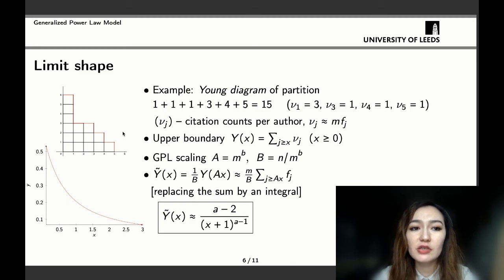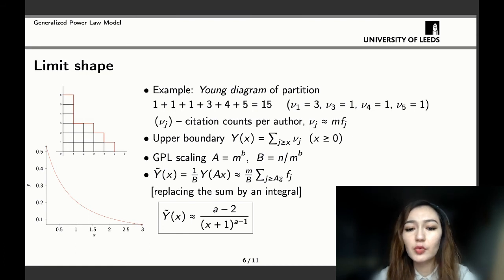For comparison's convenience, we do the scaling to make sure the area below the upper boundary is 1. Then we get a new scaled upper boundary, y delta x, and we replace the sum with the integral, and we can get the limit shape.